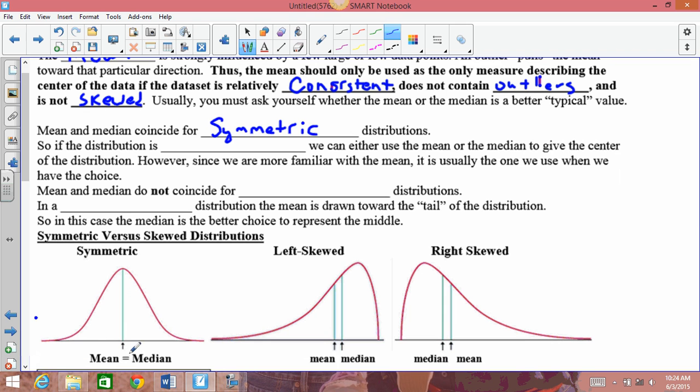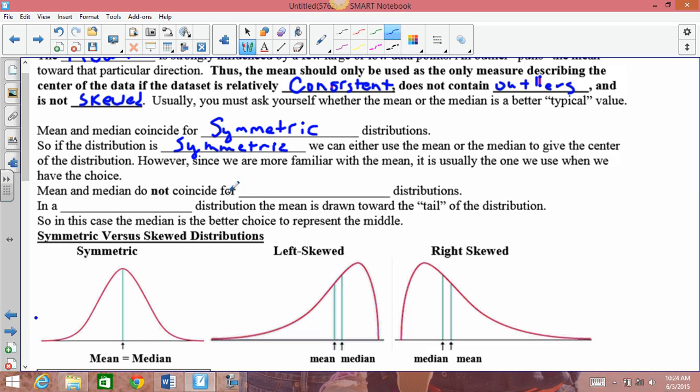The mean and the median are exactly the same. If the distribution is symmetric, we can use either the mean or the median to give the center. Since we're more familiar with the mean, we would usually just use that by default.